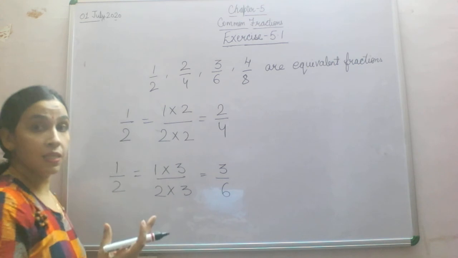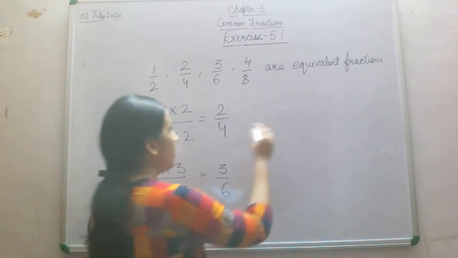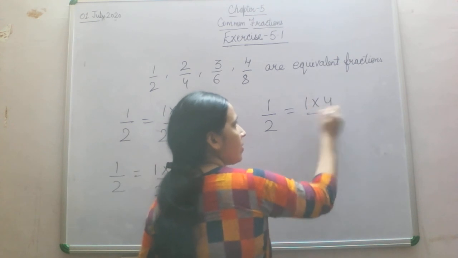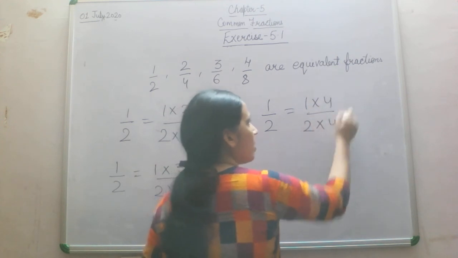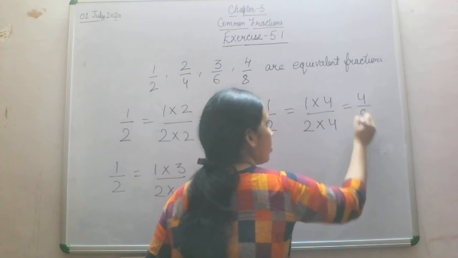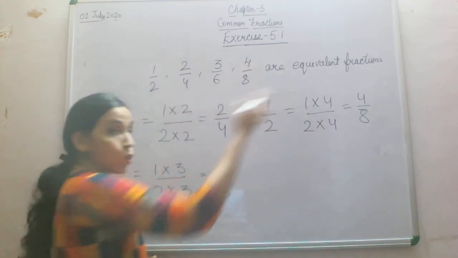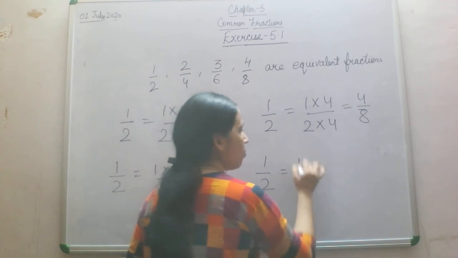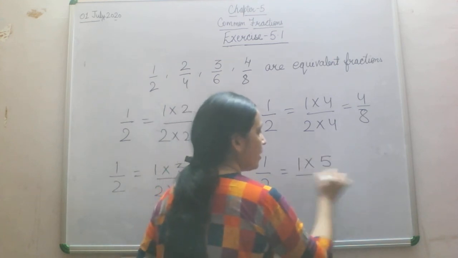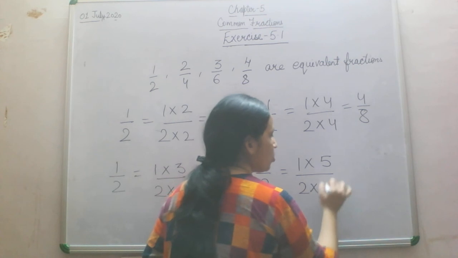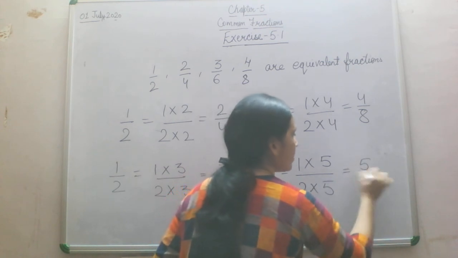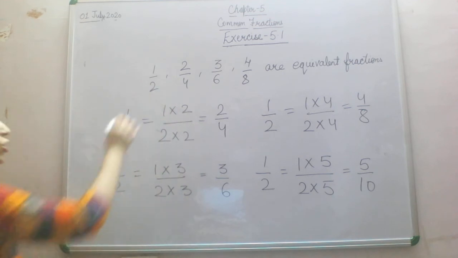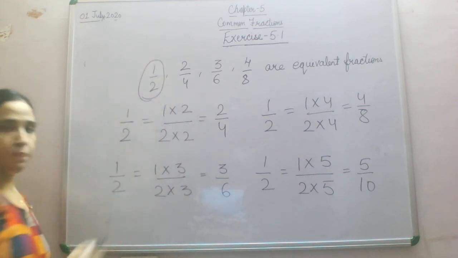If we multiply 1 by 2 by 4, then 4 by 8. And next, if we multiply by 5, 1 into 5 and 2 into 5, what will we get? 5 by 10. So these are all equivalent fractions of 1 by 2.